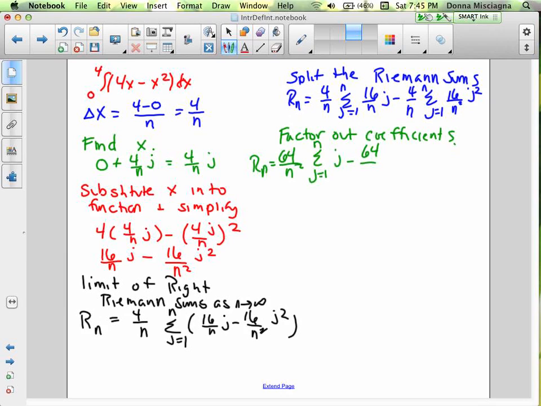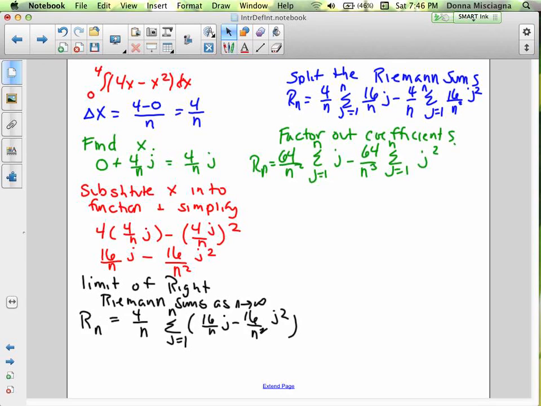We'll have to remember to distribute that negative sign. 64 over n cubed, and then we have sigma, everybody's moved over, j equals 1 to n of j squared.